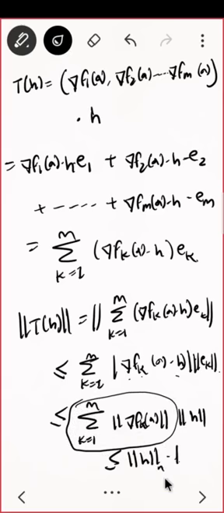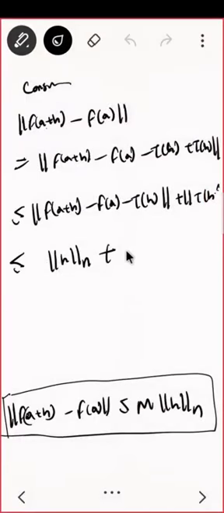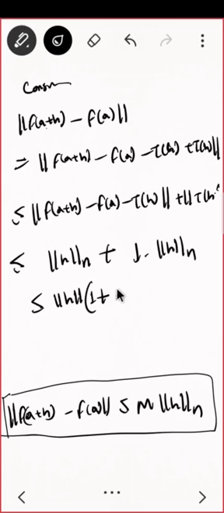So it will be L into norm h. Take norm h outside, so it will be 1 plus L. Put 1 plus L as M. So this is norm h into M. That's it. This is what we are supposed to prove, M equal to 1 plus L.